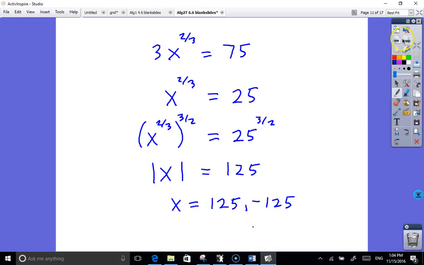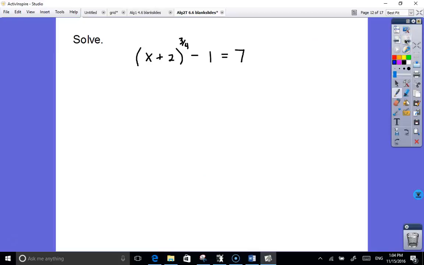Okay, so now let's go to another one. Isolate, right? So I've got to add 1. Raise both sides to the 4/3.